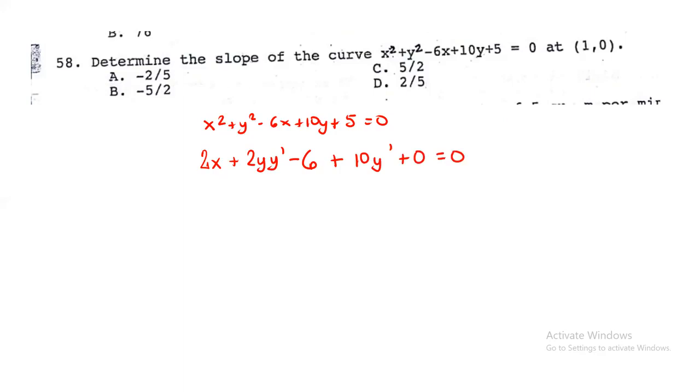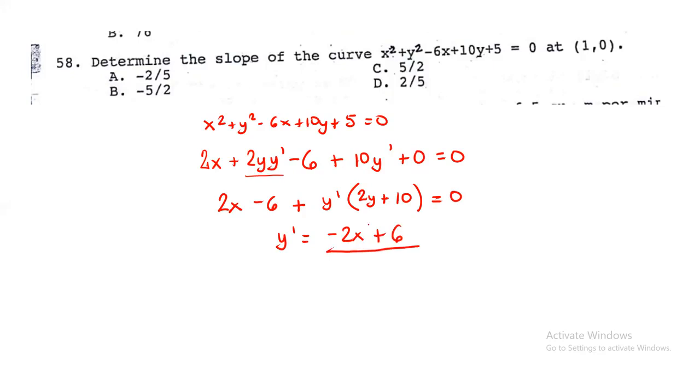Then i-factor out natin tong y prime, no? So 2x minus 6. Then plus dito i-factor out natin si y prime, 2y na naman titira. Plus ito naman is 10 na lang. Is equal to 0. Then, si y prime is equals to negative 2x, lipat rin natin to, maging positive 6 divided by 2y plus 10.